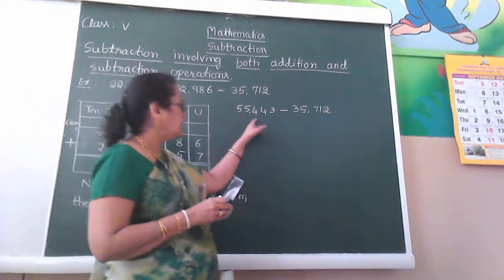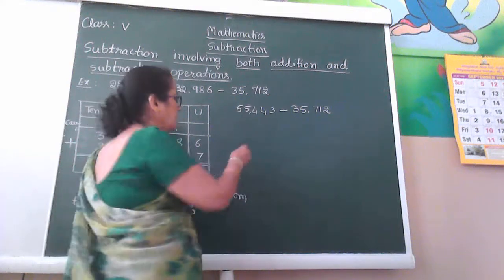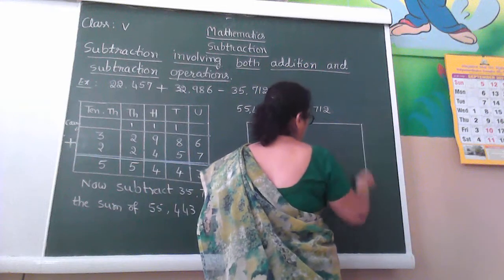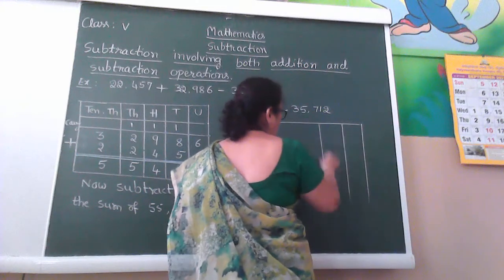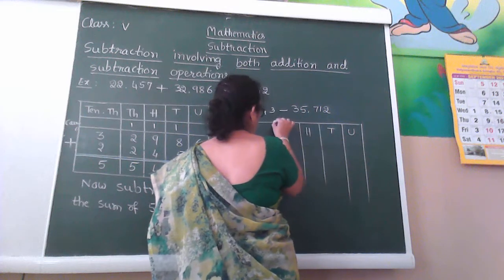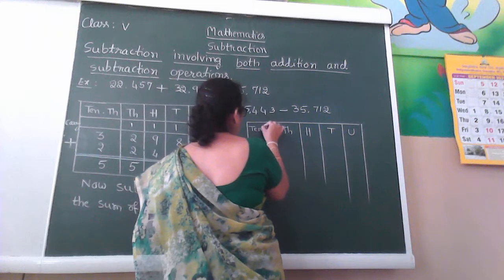55,443. So from that you subtract 35,712. Again write the place value chart for subtraction also. So first unit, then tens, 100, then 1000, next is 10,000.